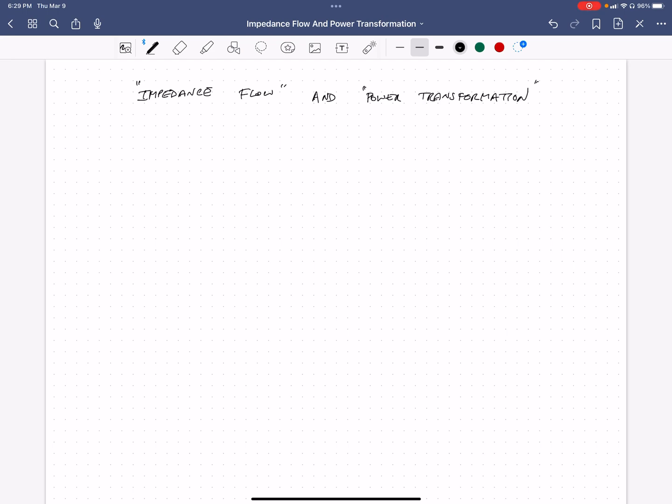Concepts like load impedance and the characteristic impedance are actual specifications. Impedance flow and power transformation are kind of like given names. You only see them, at least in my experience, as a lead-in to something called the Smith chart.